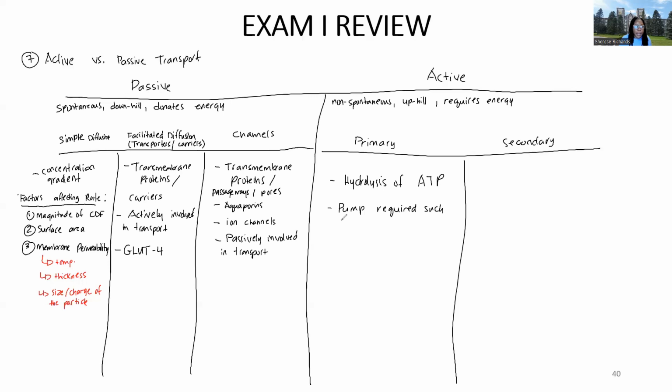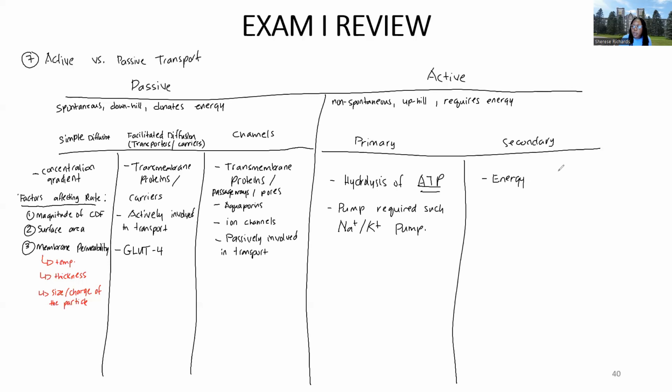An example was the sodium potassium pump. The main takeaway is that the pump here has to hydrolyze ATP in order to donate the energy for primary transport. Secondary, on the other hand, uses energy released from passive transport.